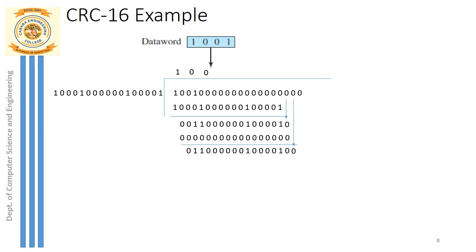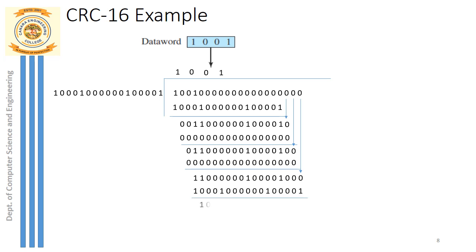We left shift and then we perform the XOR operation until we finish all the bits in the dividend. So now we have received the final checksum with 16 bits.